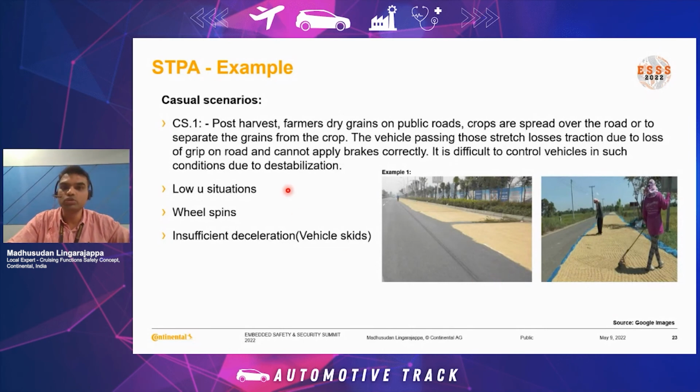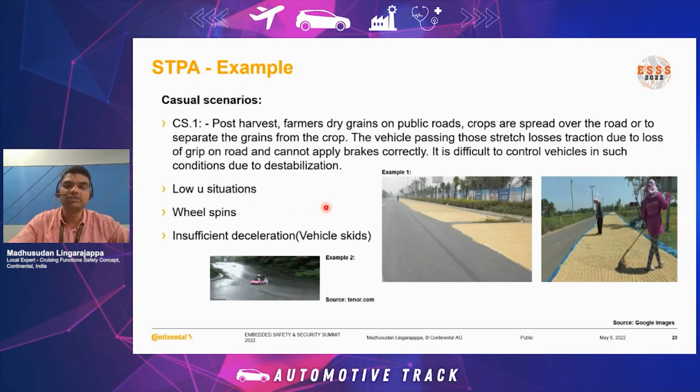Due to low friction, our wheels might spin and it may lead to insufficient deceleration. In the second example, a kid is playing on a toy car on a wet or oily surface. Since he is not able to control the vehicle in such situations, it has ended up with a hazardous event.